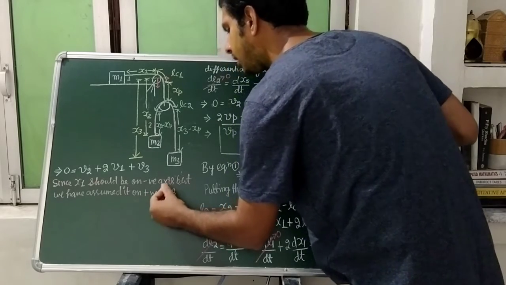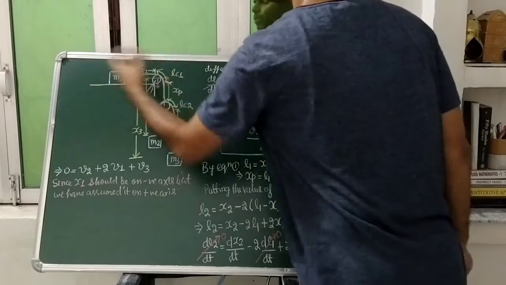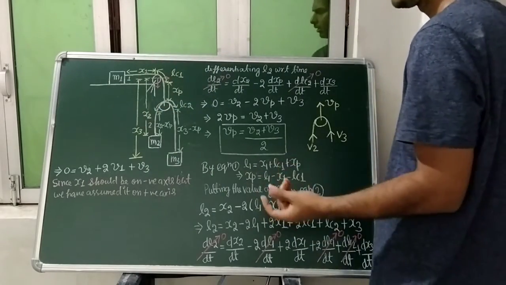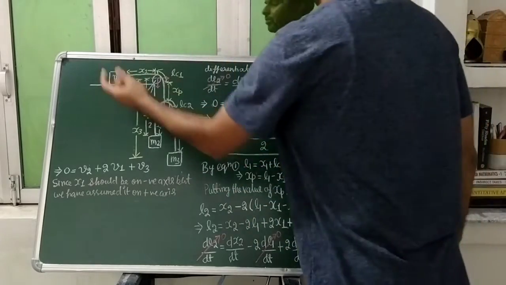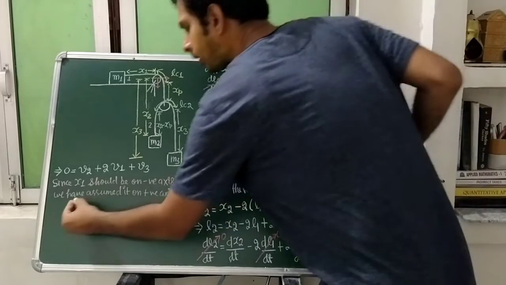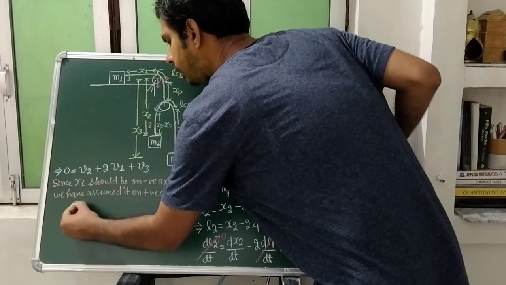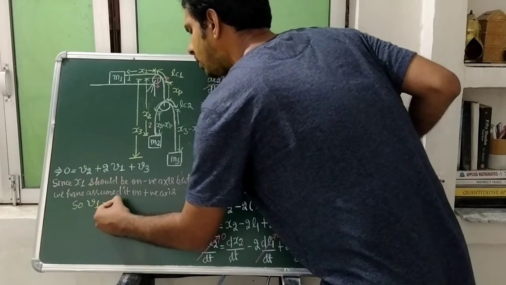If we have selected our coordinate so that this was the positive x direction, then this side should be negative. But since we have written that negative side as positive, we can say that our V1 will be equal to minus of this V1.